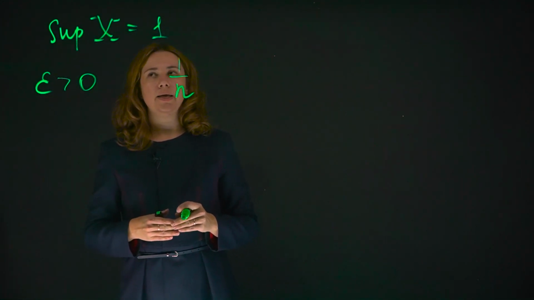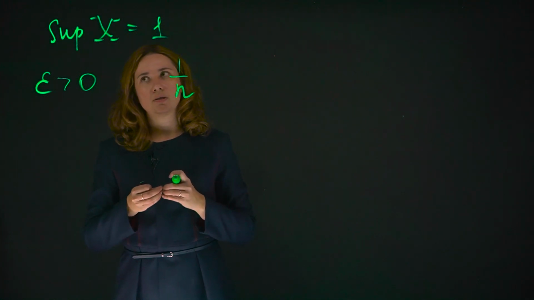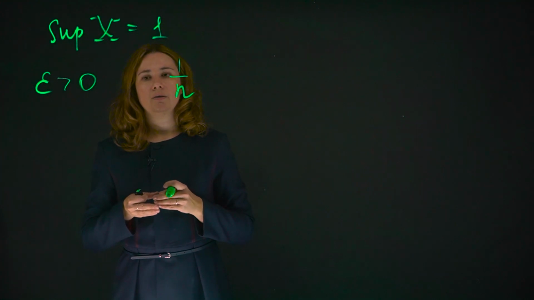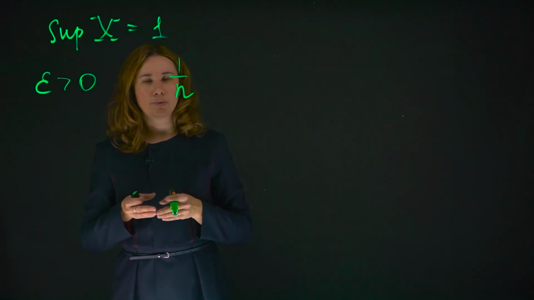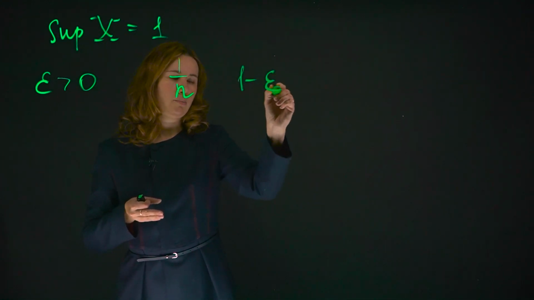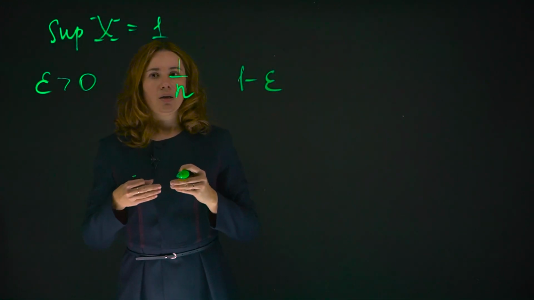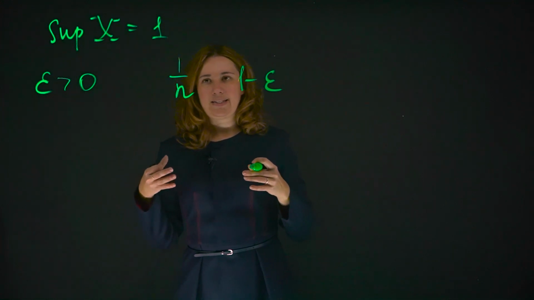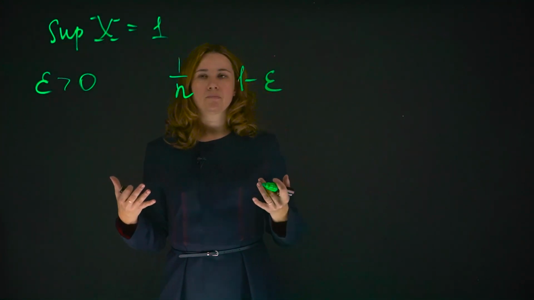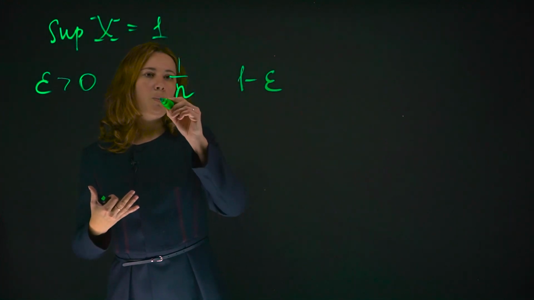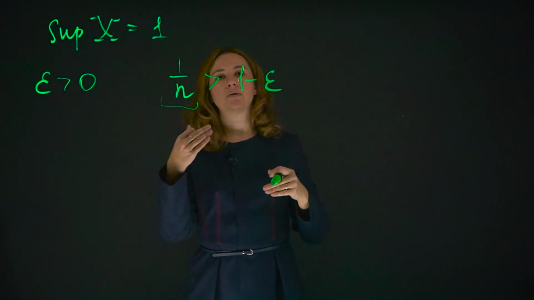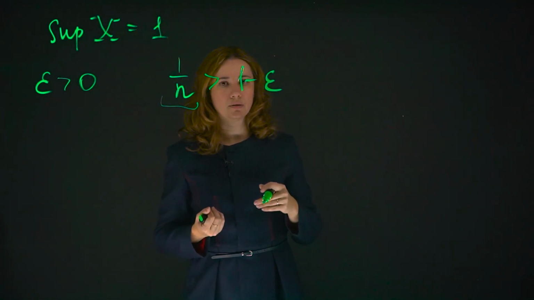Well, and now let's form this supremum minus epsilon. In our situation, this supremum minus epsilon is 1 minus epsilon. And now we need to find some n such that 1 over n will be greater than 1 minus epsilon.